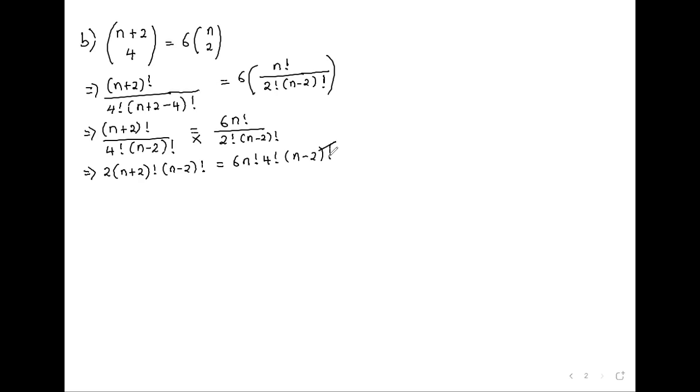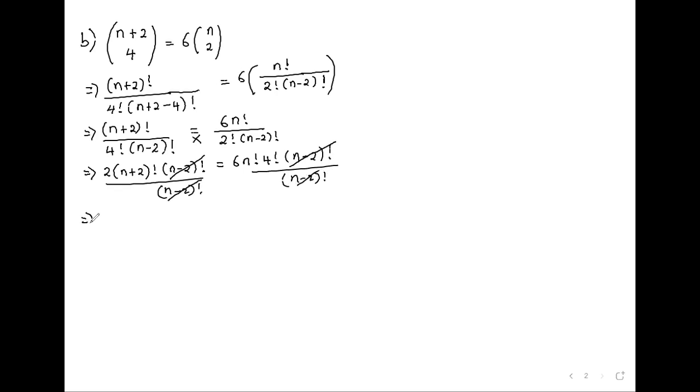Then we see that this and this will cancel by division. What have I done? I've divided by n minus 2 factorial on both sides, so it has gone by division.